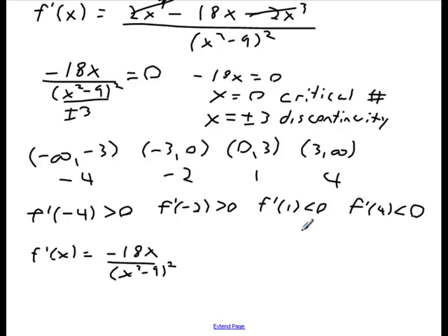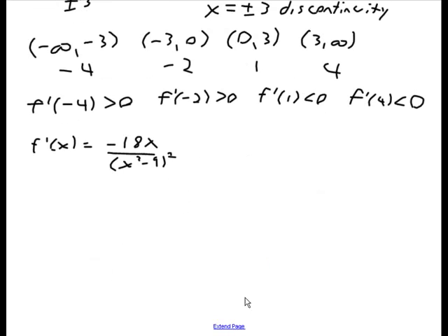So with that in mind, we know that the function will be increasing on all points on the interval from negative infinity to negative 3 and from negative 3 to 0. And you may say, why do we need to split that into two intervals? There's a discontinuity at negative 3. There's a vertical asymptote there.